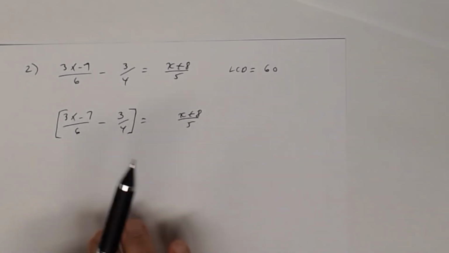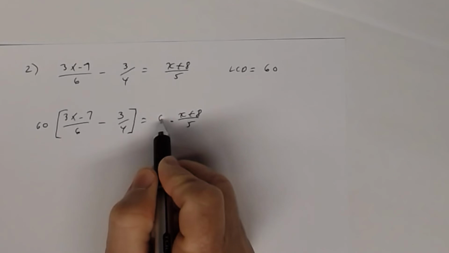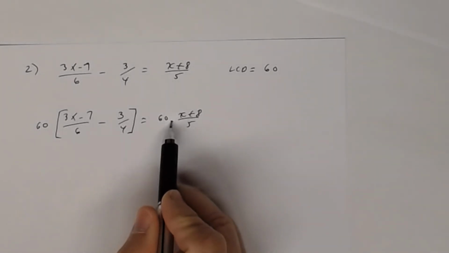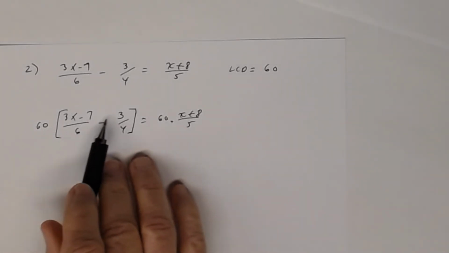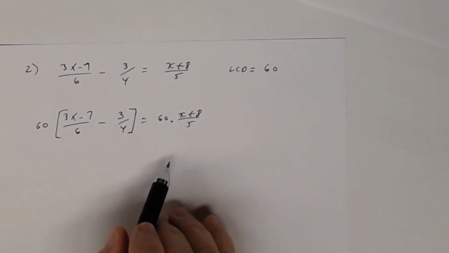The next step is to multiply both sides by the least common denominator. So 60 times the left-hand side equals 60 times the right-hand side.